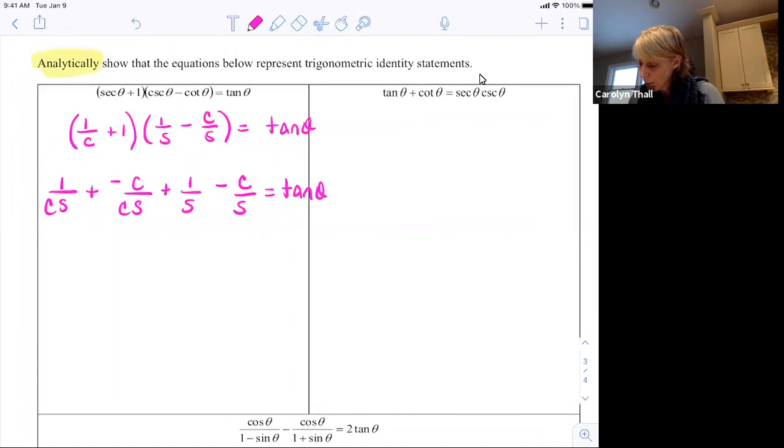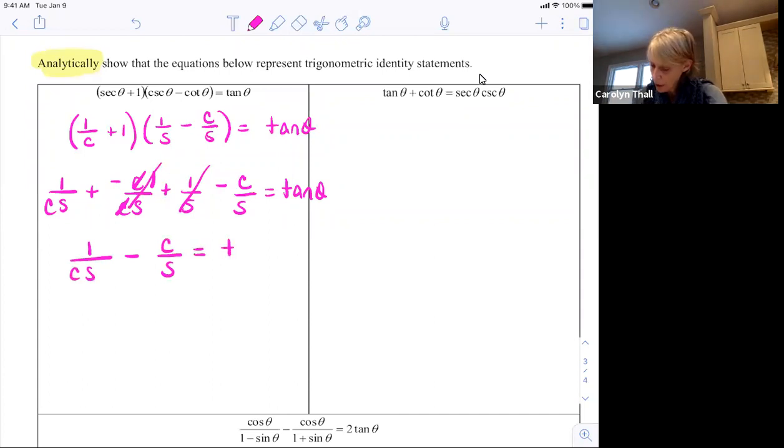I'm just checking that I did my work right because I feel like something got messed up. 1 over cosine sine outside. I didn't simplify, so that's just a -1. I have -1 over sine plus 1 over sine. So these guys are going to go away. I'm left with 1 over cosine sine minus cosine over sine.